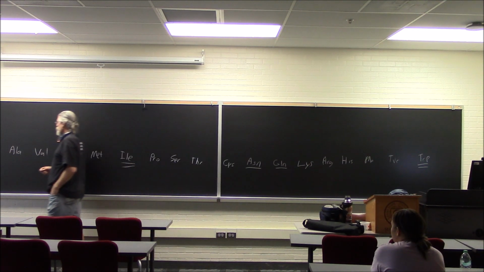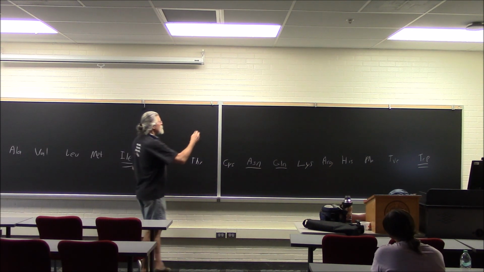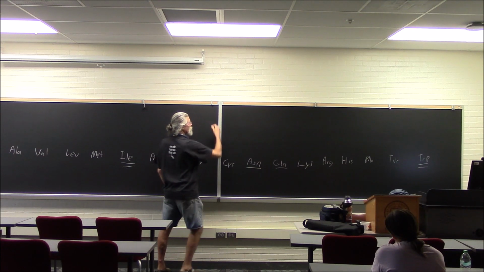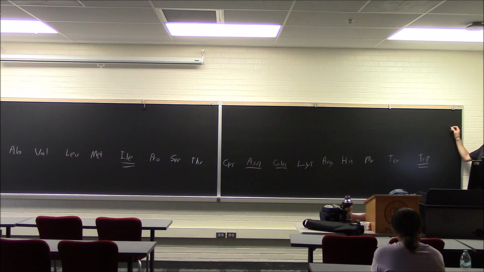Okay, so all amino acids have an alpha carbon. I'll draw it over here. Can everybody see this? Okay, so they'll have an alpha carbon, and they'll have an NH2 and a COOH. It's really poorly drawn. Let me do a better job.